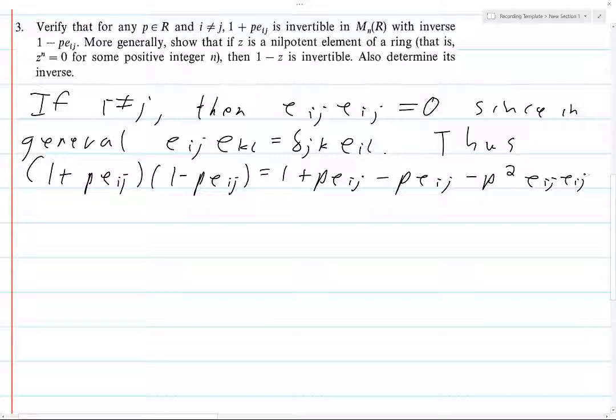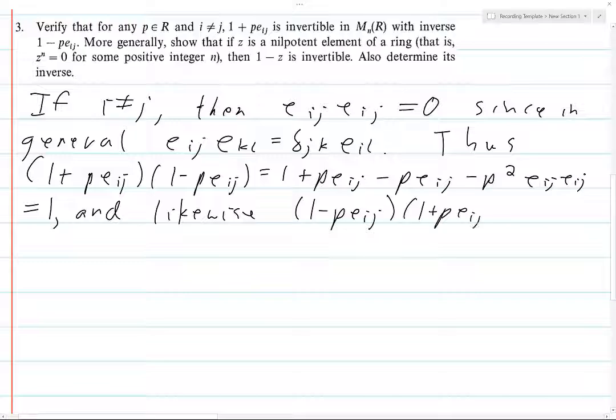The middle two terms cancel, and the last one becomes 0. So it's 1. Likewise for 1 minus p Eij times 1 plus p Eij, and this is 1.